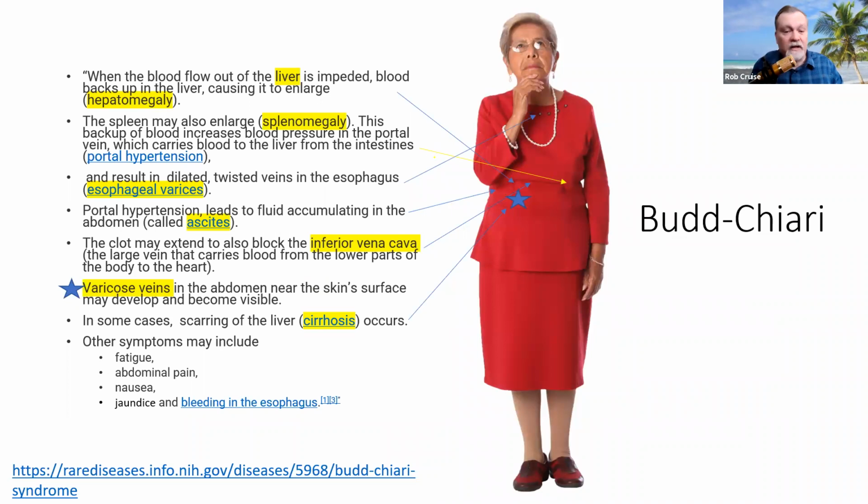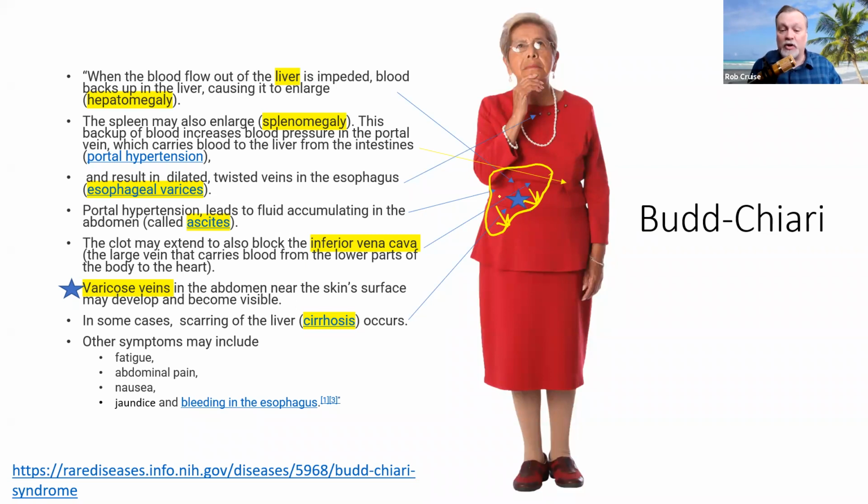All right, so Budd-Chiari, it is a liver pathology. So the veins that exit the liver are obstructed and the liver is grown. It is engorged with the blood and other fluids.